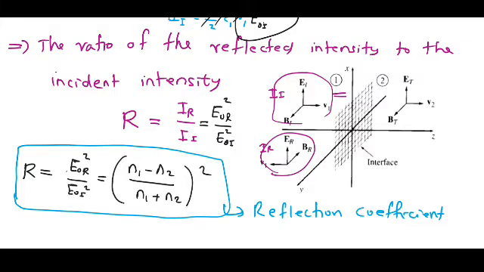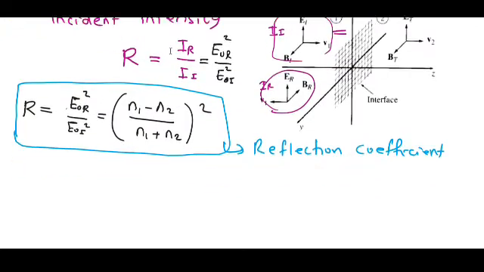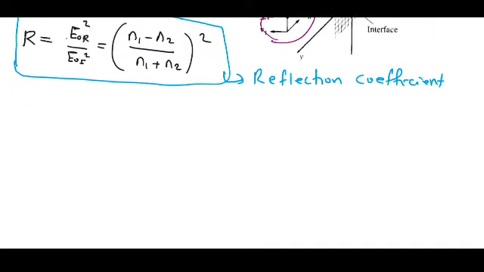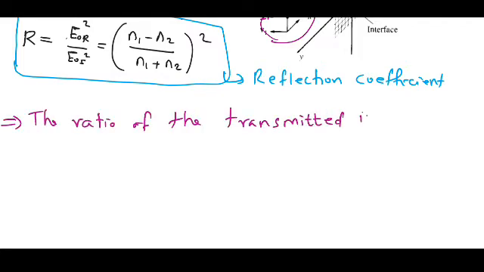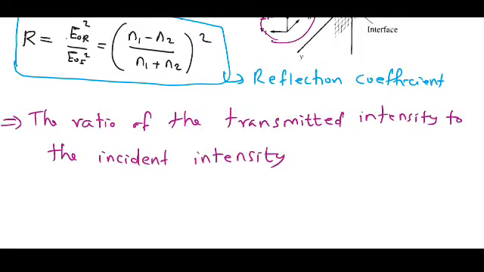Now we have to calculate the ratio of the transmitted intensity to the incident intensity. We call this the transmission coefficient T. T is nothing but the ratio of the transmitted intensity to the incident intensity.